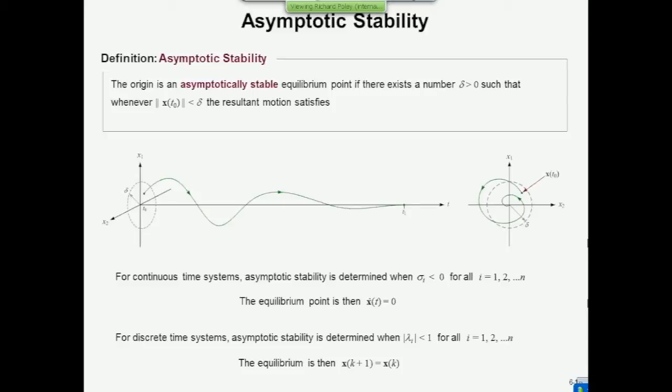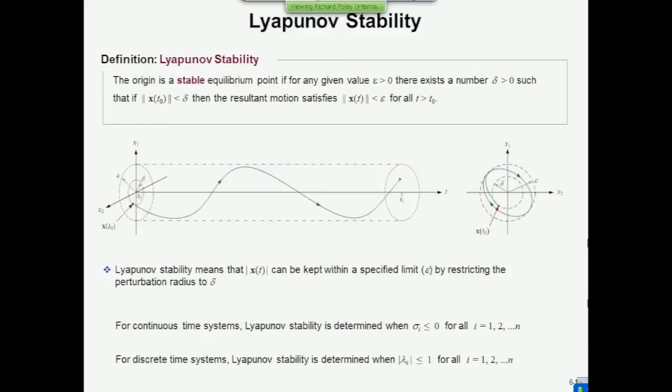Now there's another kind of stability which was in the phase portrait diagrams where the equilibrium point was called a center. And in general, that is known as Lyapunov stability. And what Lyapunov stability says is that if you displace the initial state from its equilibrium point and let it go, providing you don't let it go too far from the state, it will either converge on the state or it might not go to infinity.